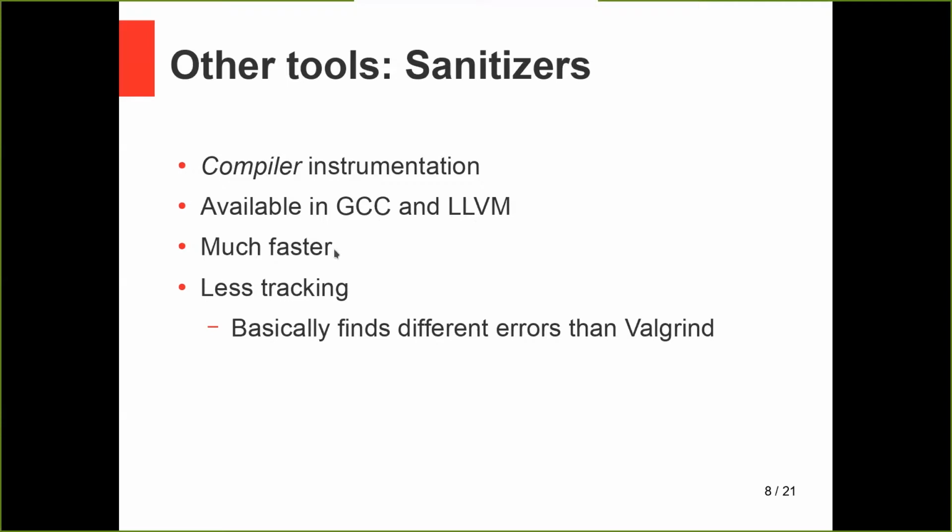They are much faster because they don't go through a VM, like explained before for Valgrind, but they do a little bit less tracking because they're not intercepting every single memory access and keeping attributes like valid and addressable, like we mentioned before. So there are a few situations where it won't be able to find the error, or it's only going to tell you there is an error, but will have difficulties tracking back where the error came from.